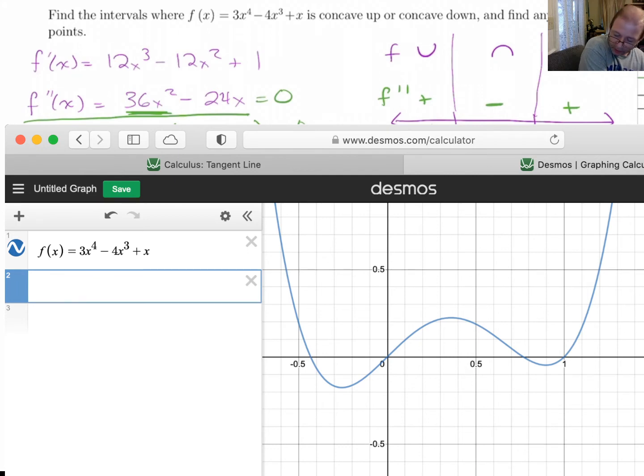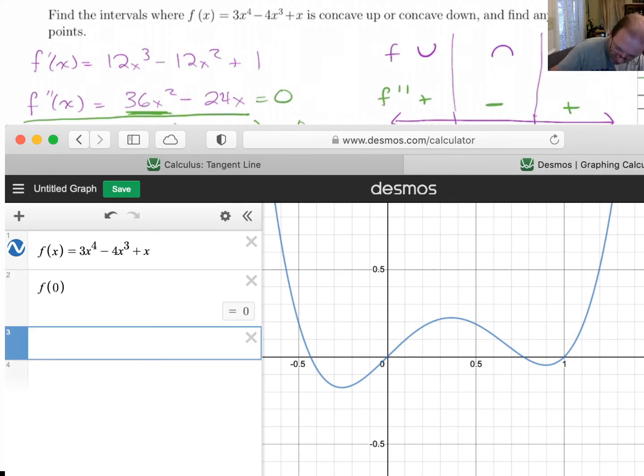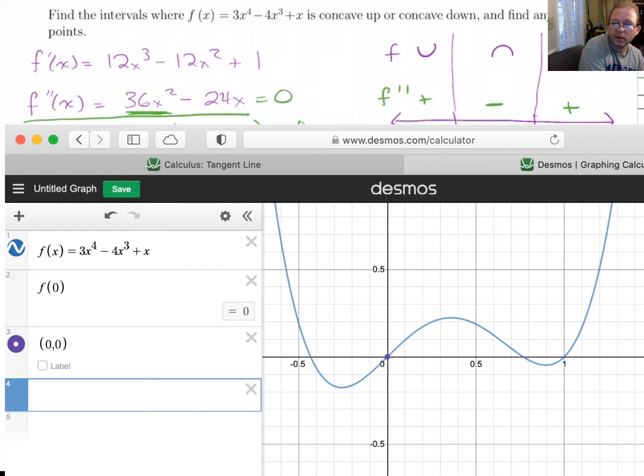Let's see, 0 and 2/3. F of 0 is 0. That's one of our inflection points.